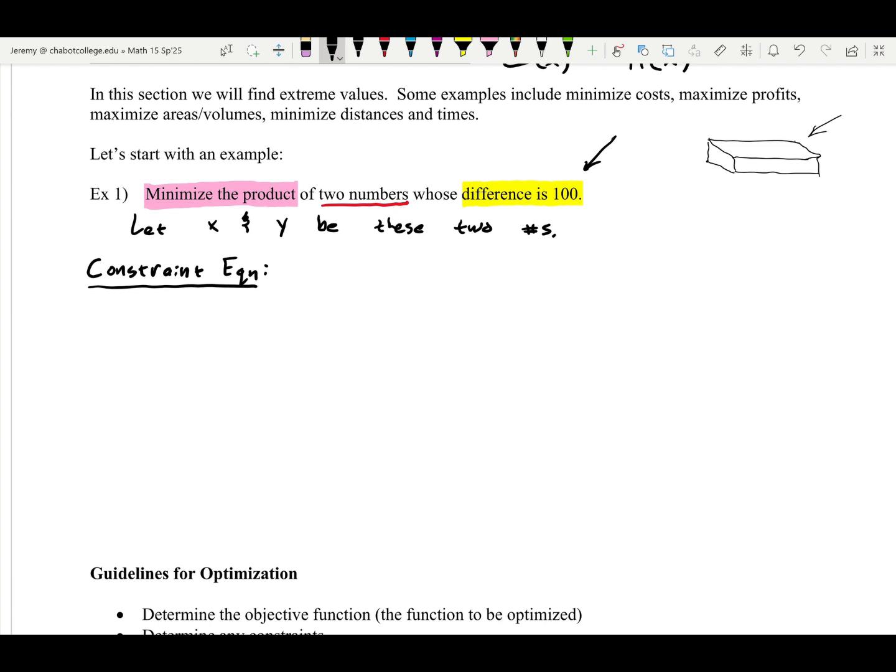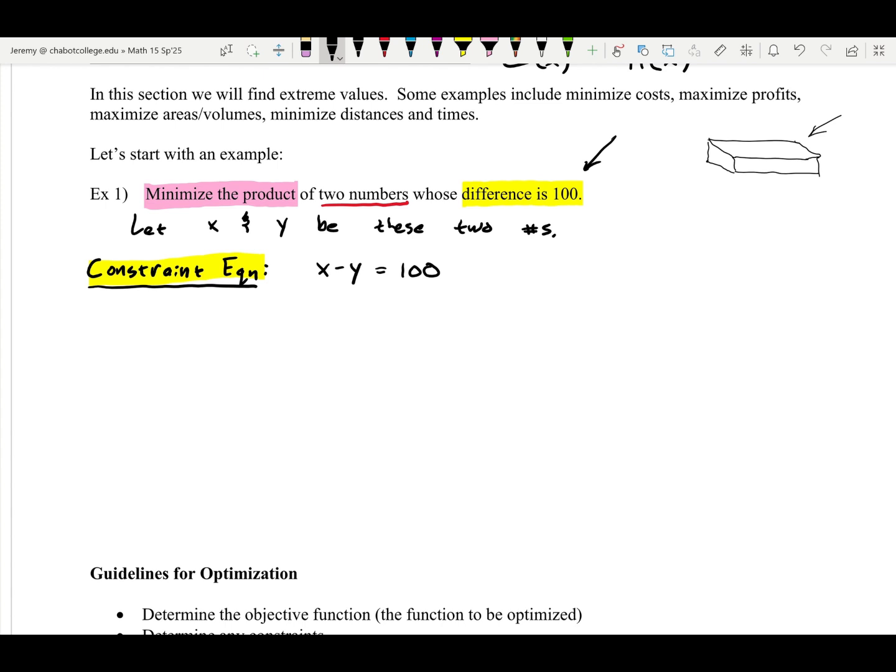So if these two numbers have a difference of 100, that's the requirement we have for these two numbers. How would we represent that using an equation? Well, difference means subtraction. So x minus y should be equal to 100. There it is. That's our constraint equation for this problem.